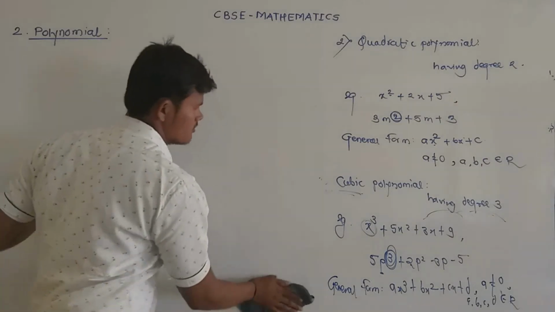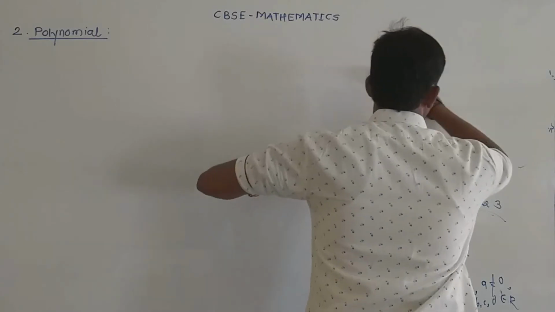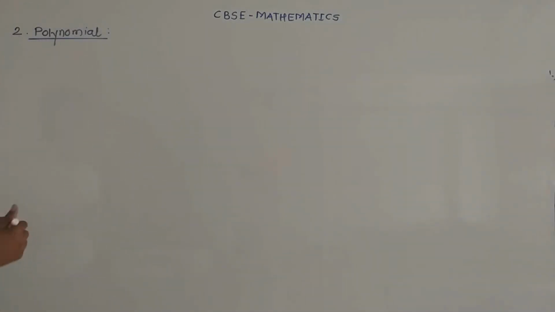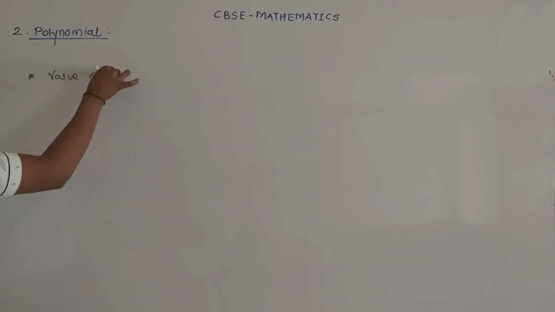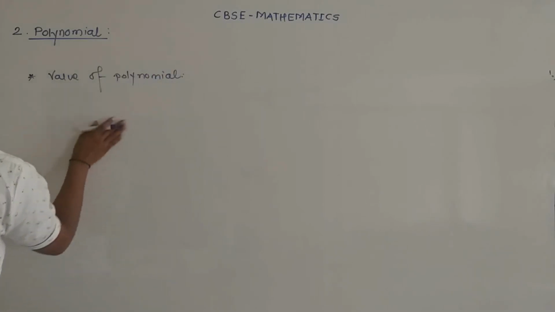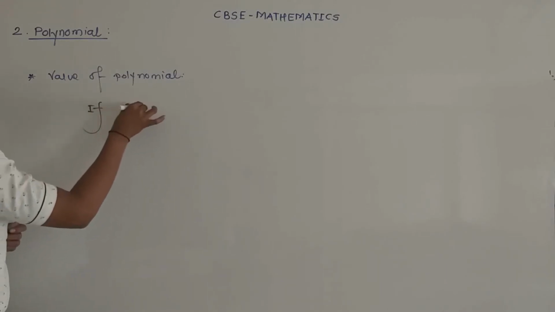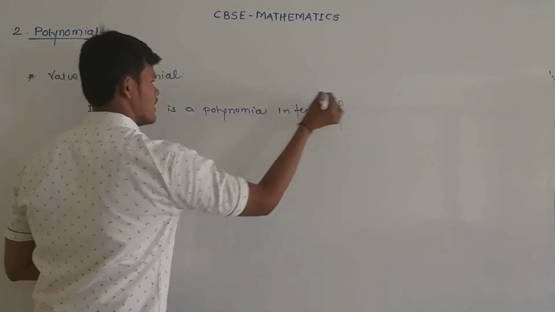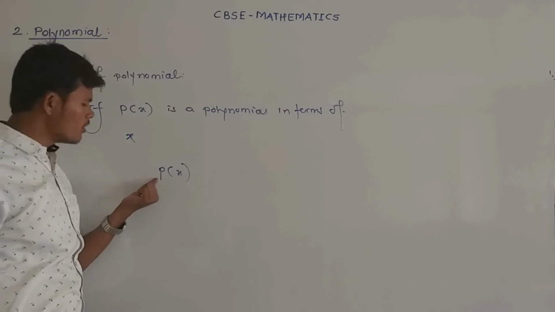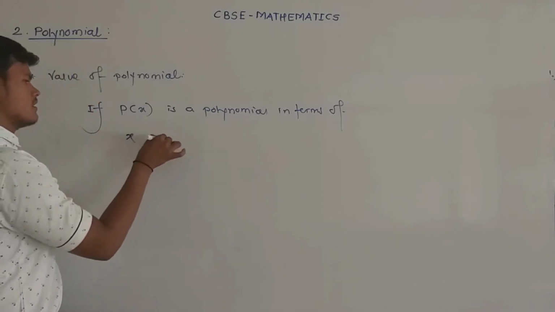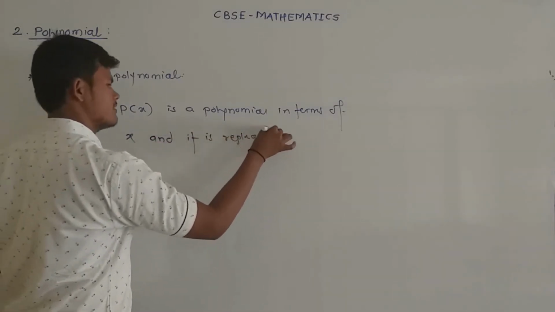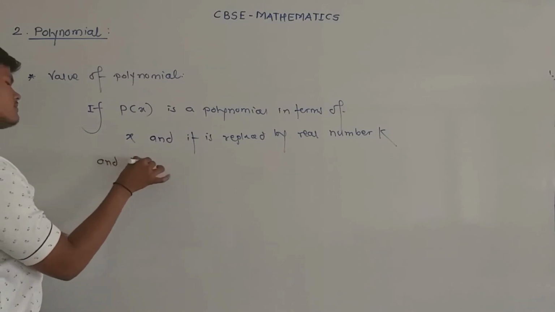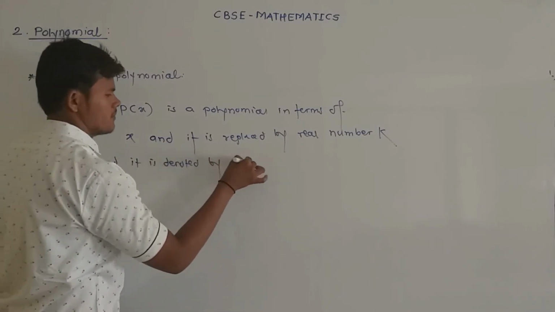How to find the value of polynomial? So the value of polynomial: if p of x is a polynomial in terms of x, and x is replaced by a real number k, it is denoted by p of k.